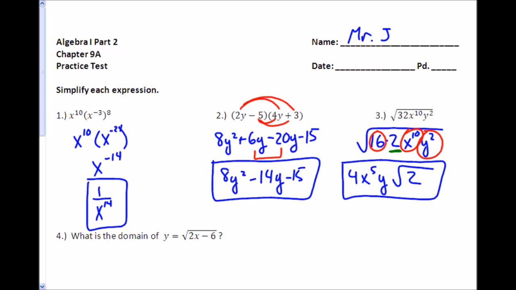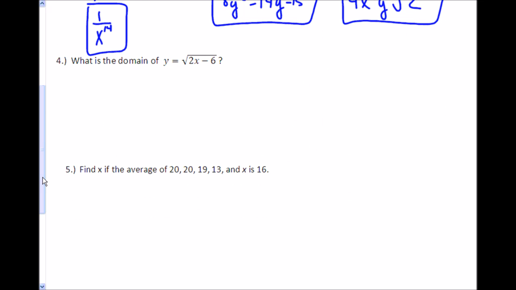In number 4, it asks us to find the domain. And remember, for a square root function, the thing I cannot have is a negative under the square root, which means the radicand here, the 2x minus 6, has to be greater than or equal to 0. That's the mathematical way of saying that it can't be negative. And now I'm just going to solve this for x.